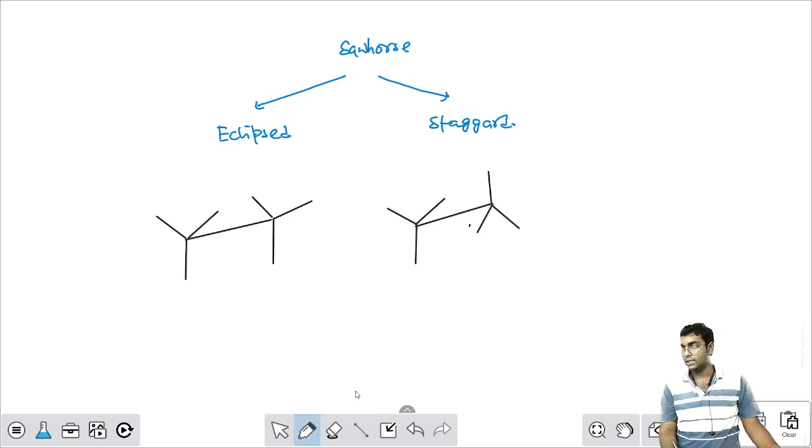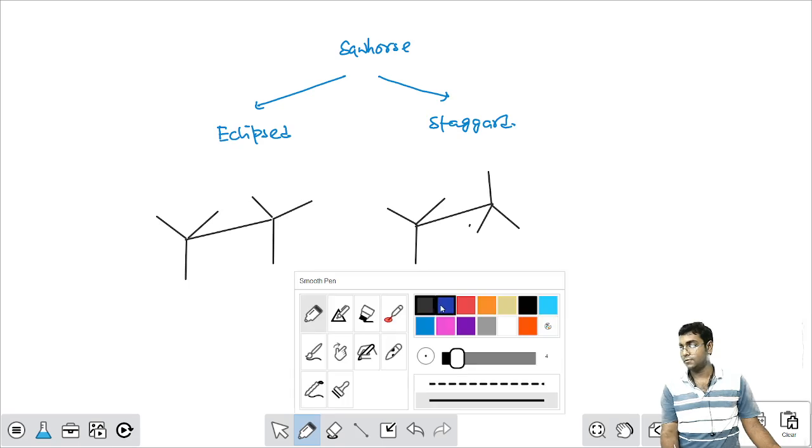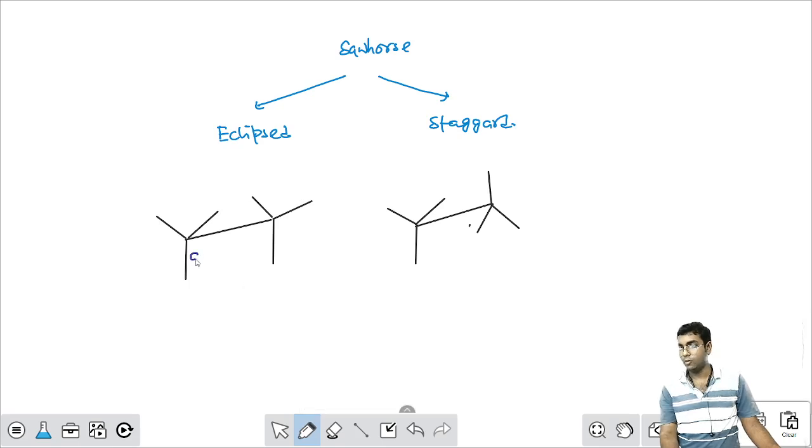So in the first case, if I name this bond A, this bond B, this bond C, and this one D, and this E, and this F. Now we can see that the A bond is in front of D, right?